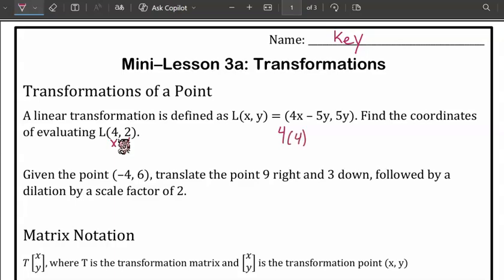So 4 times 4 minus 5 times 2, comma, 5 times 2. That would be 16 minus 10, comma, 10. So the coordinates of the transformation are 6, comma, 10.